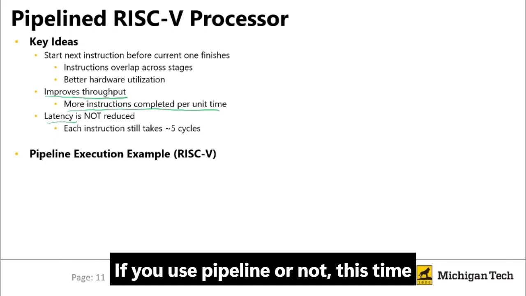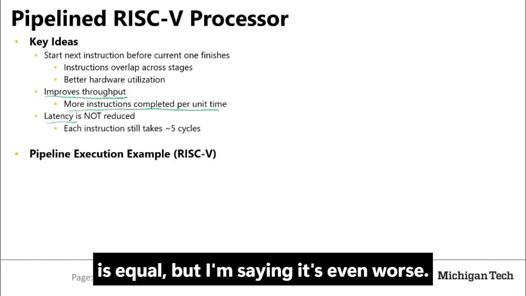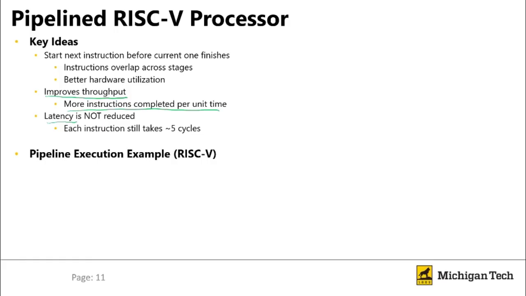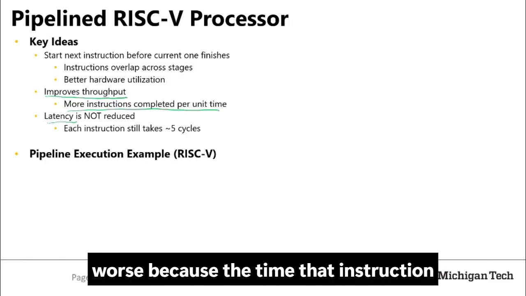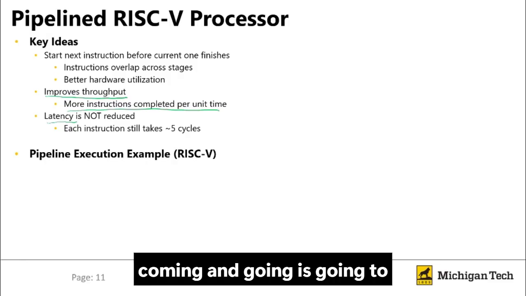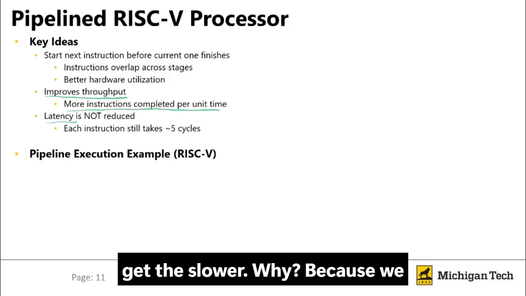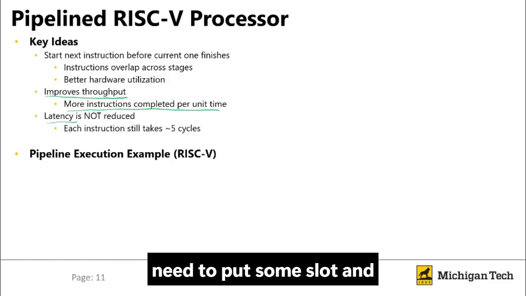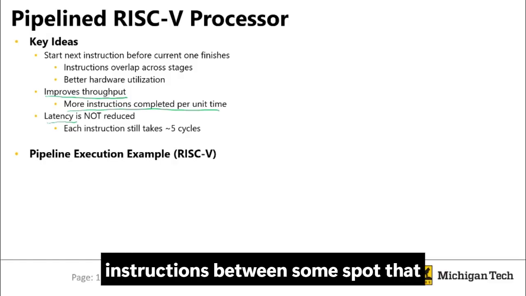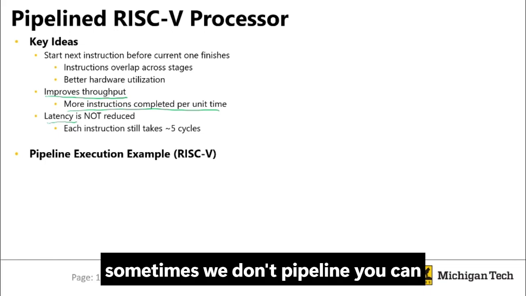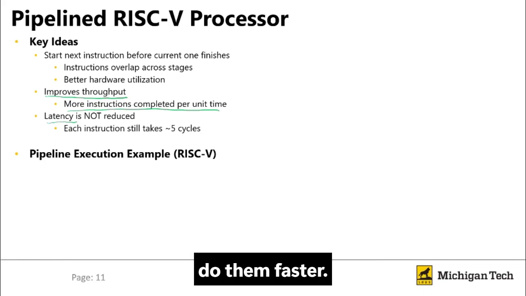What I'm saying is even worse. If you use pipeline, latency even gets worse, because the time for an instruction to come and go is slower. Why? Because we need to put some slots and some wasted time between some instructions, where without pipeline you can do them faster.